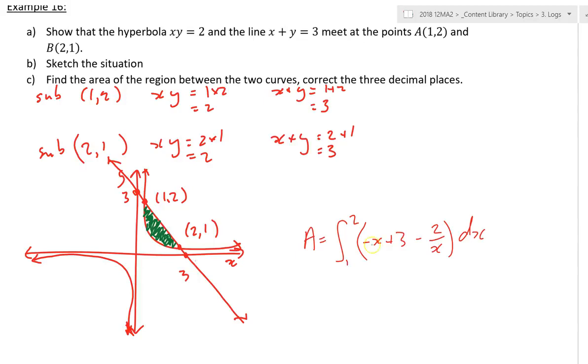The negative x part is fine, the 3 is fine, and negative 2 over x is a reciprocal function. So this equals negative half x squared plus 3x. Now just think of this as negative 2 times 1 over x, so it's minus 2 log x, from 1 to 2.